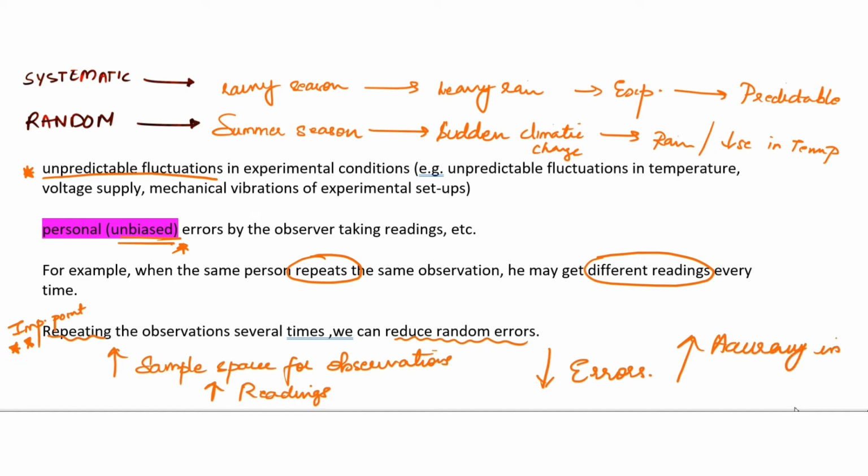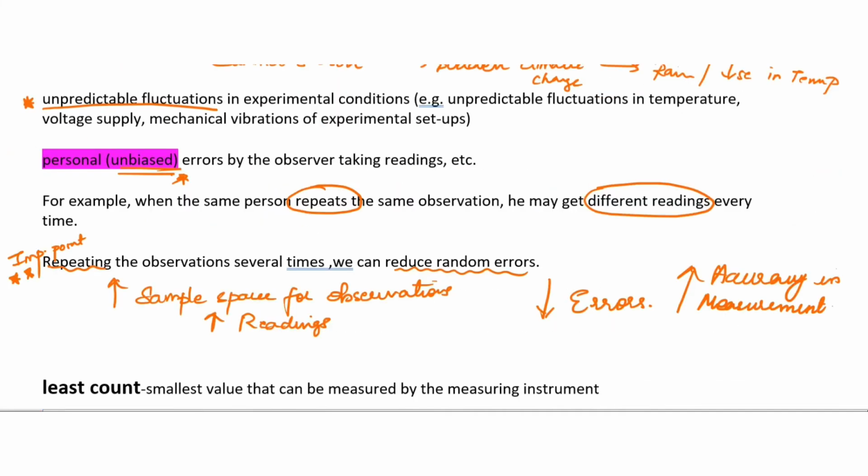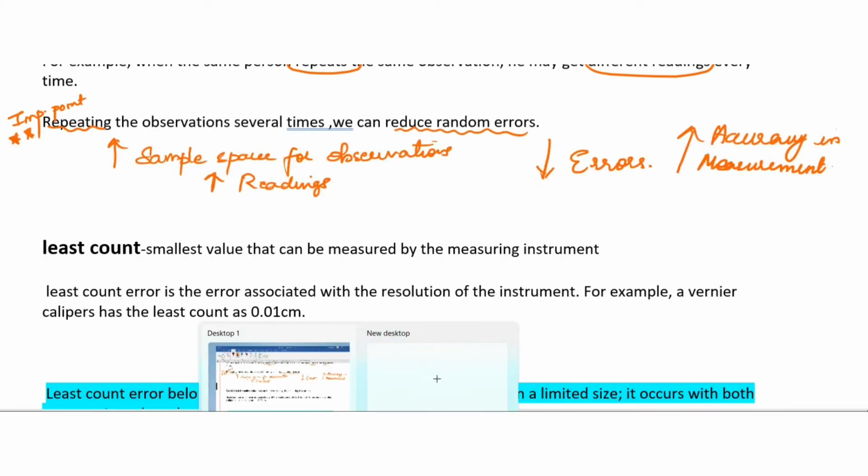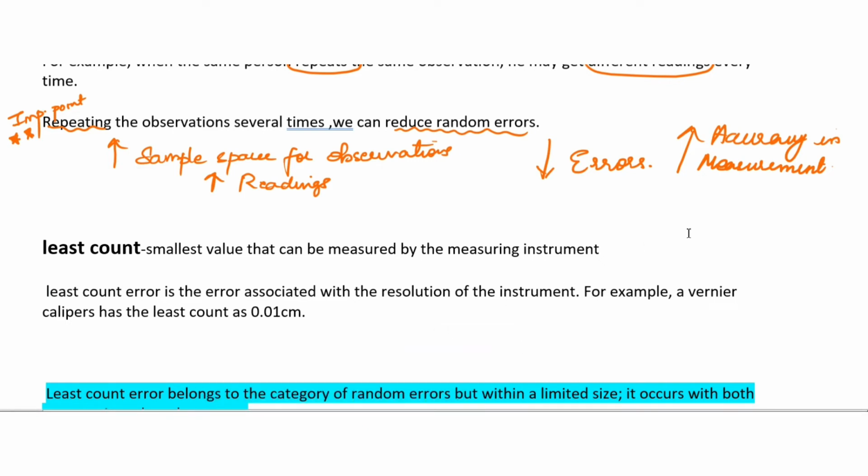So while talking about precision, I mentioned the word least count. Least count is nothing but the smallest value that can be measured by that instrument. Whenever the error of the instrument is not known, it mainly occurs due to the least count. So least count error is the error associated with the resolution or the precision or the limit of the instrument.